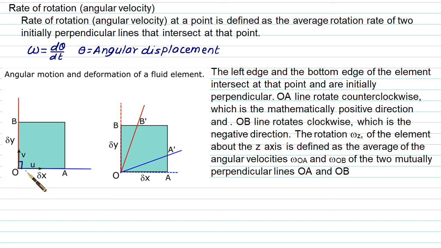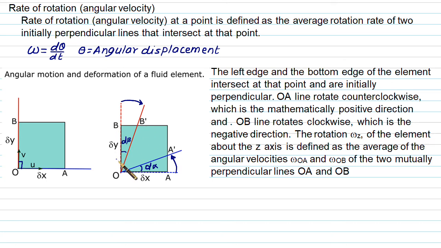Now since we have a variation of u along the x direction and the velocity v is varying along the y direction, the line OA will turn in an anticlockwise sense, whereas the line OB may turn in a clockwise sense. In that case, they form an angle here. Let's say this angle equals d alpha. Let's say this angle equals d beta. Since two edges are turned here, one is OA to OA prime, and OB to OB prime.